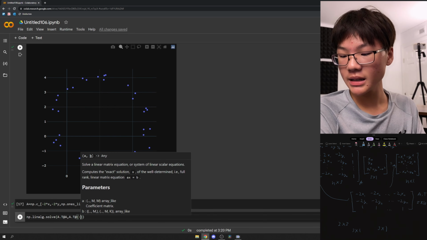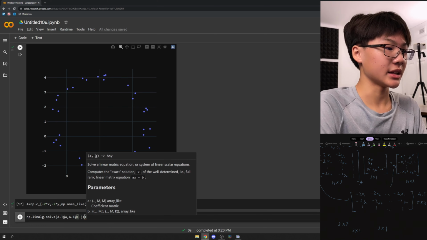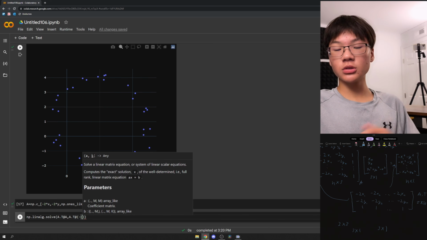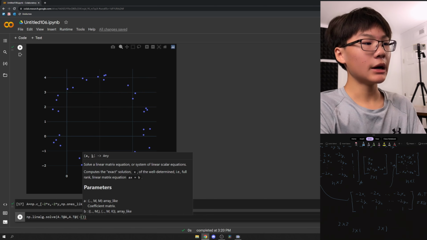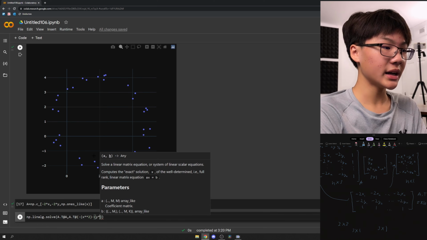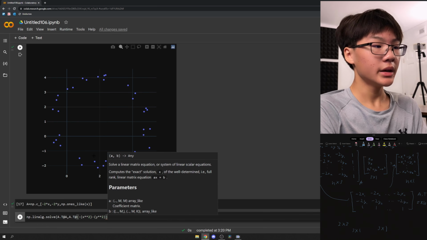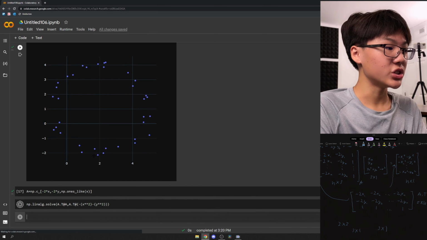So parentheses minus x, and we're actually just going to place an extra parentheses just in case the negative sign gets canceled out, where the negative sign is locked in with the x, and that's going to be squared. So we can just do it here. So x squared, and this will be minus parentheses y squared. Okay, and I think we need another parentheses, and there we go, and shift enter.